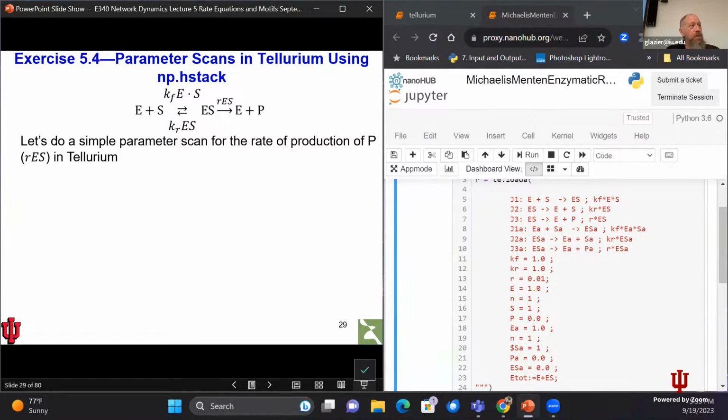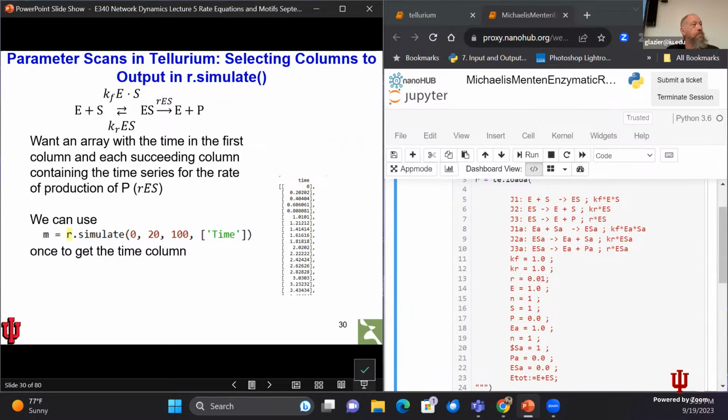And so suppose that I wanted to change the value of the amount of enzyme, for example, and I wanted to know how the rate of production of P changed. And so what I'm going to do here is I'm going to run the simulation many times, and I'm going to keep track of the amount of P that's being produced as a function of time.